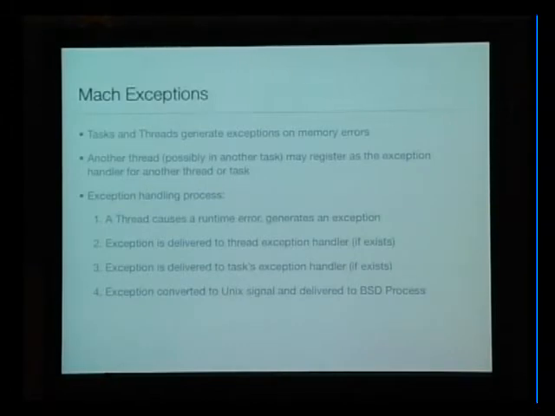We're also going to use the secret sauce of Mach exceptions. These are how debuggers on OS X work and why GDB has to do a bunch of special stuff. Basically, on OS X, ptrace, the normal debugging interface that Unix systems use, is essentially broken.